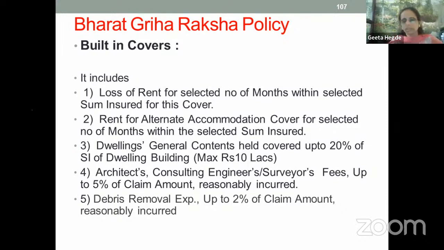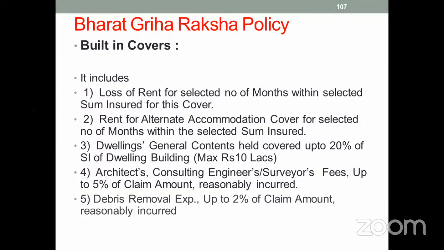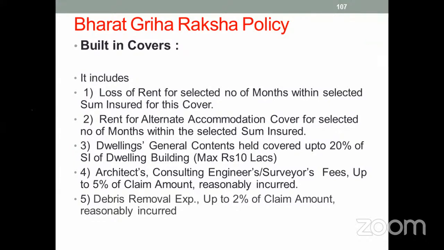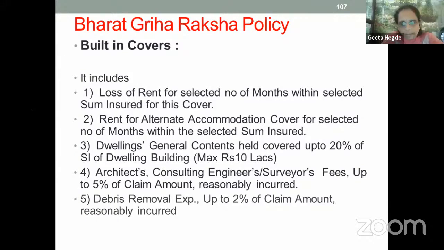But what you have to give in the proposal is the number of months and the sum insured, like 500 per month for 6 months, so my sum insured becomes this much. Both have to be offered under this policy. That's why it is a built-in cover. So the amount payable will depend on how many months you have selected and what per month rent you have selected. That has to be mentioned in your proposal form.